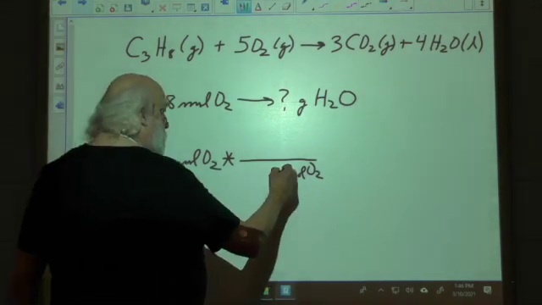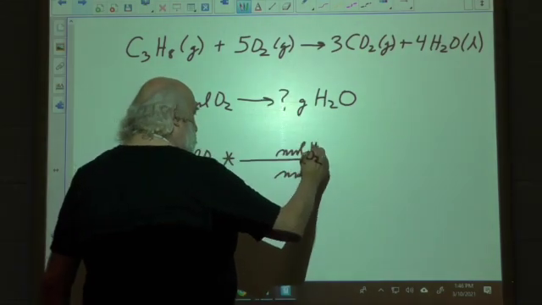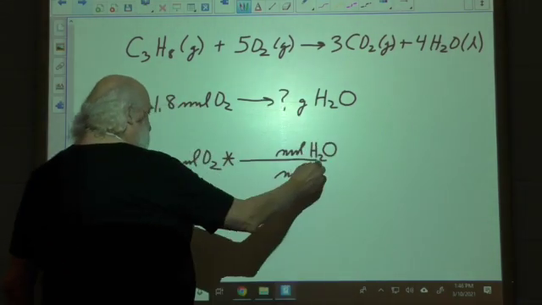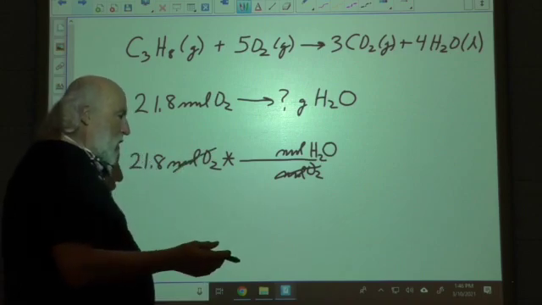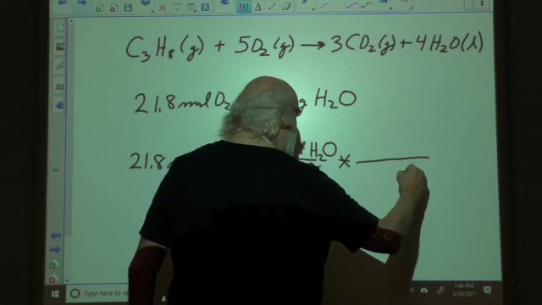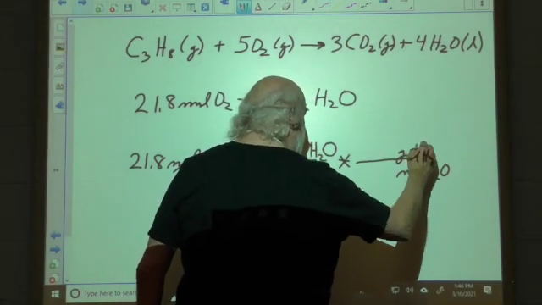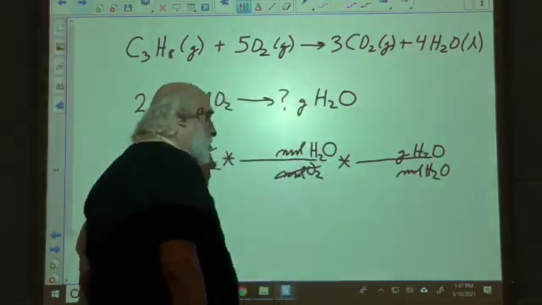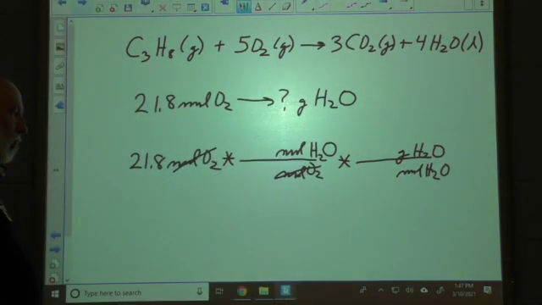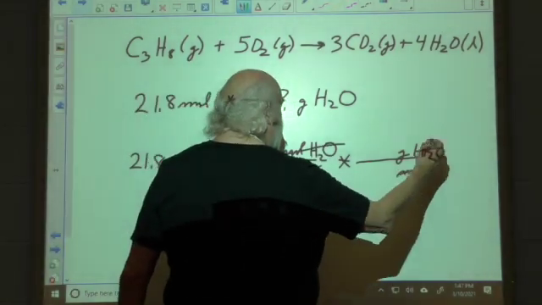And I can change moles of oxygen to moles of water using the equation right above us, which I'm not going to do yet. I'm just going to get the labels taken care of. Now I can change moles of water to grams of water. And now the moles of water will cancel out, and that gives us what I want.